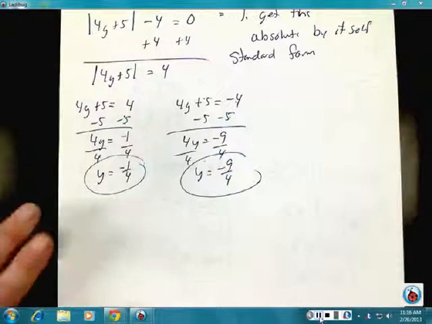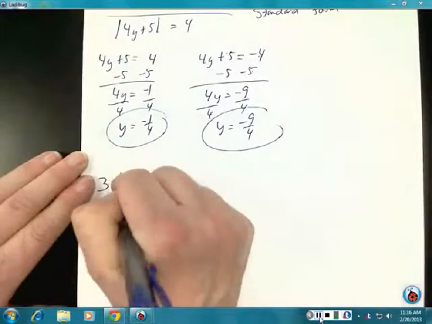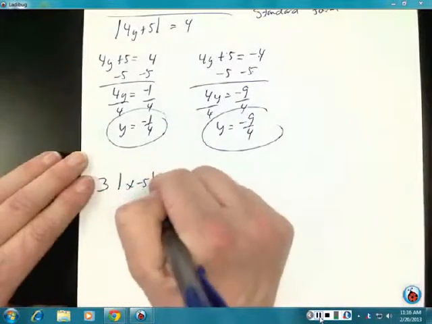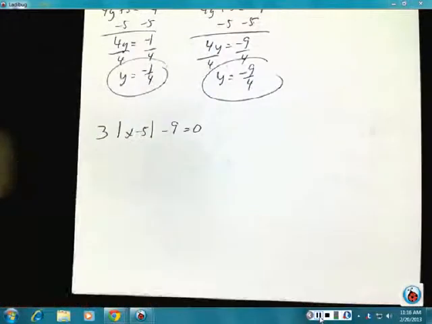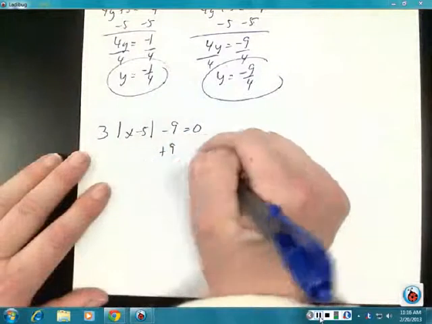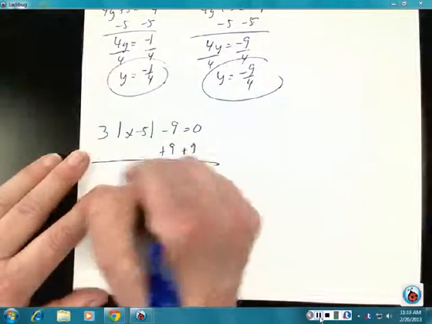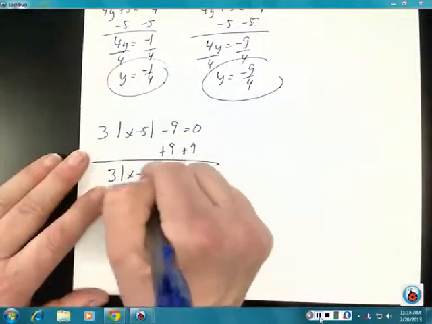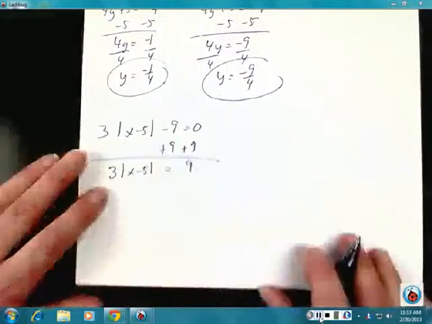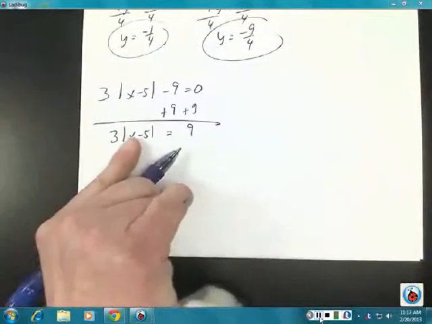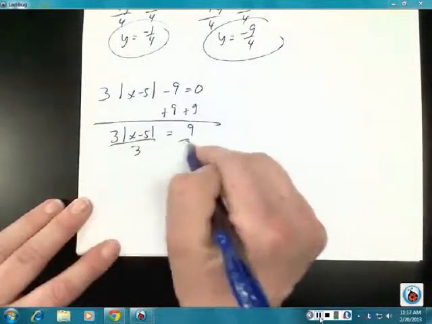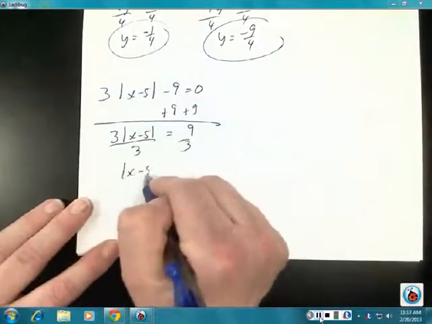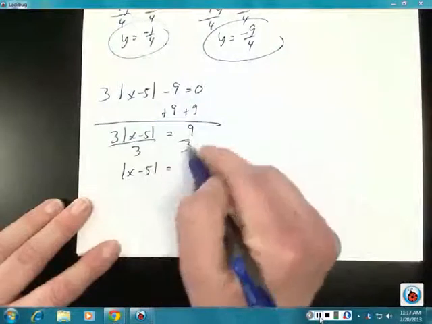If it's got a number out in front of it, such as 3 times the absolute value of x minus 5, minus 9 equals 0. I've got doubles to do here. I need to move my 9 over. But the absolute value's not by itself yet, because this 3 is multiplying it, so then I have to divide by 3. 9 divided by 3 is 3.